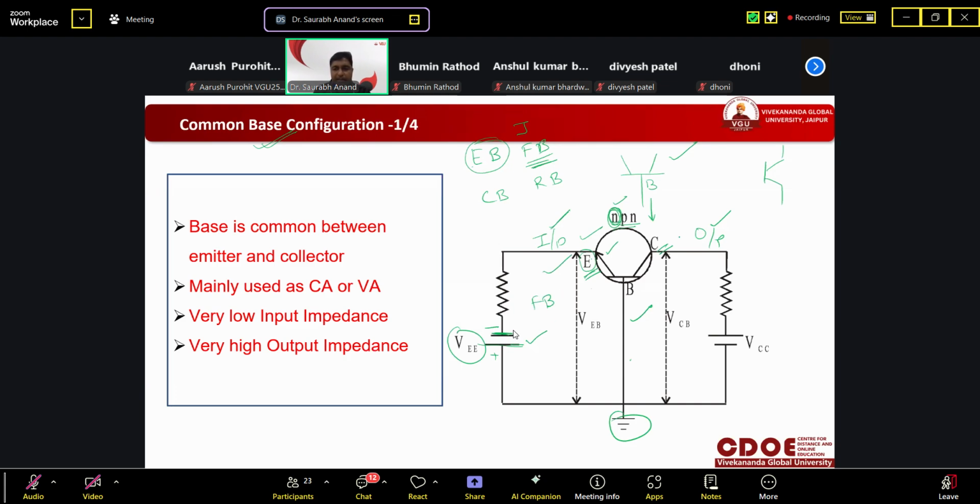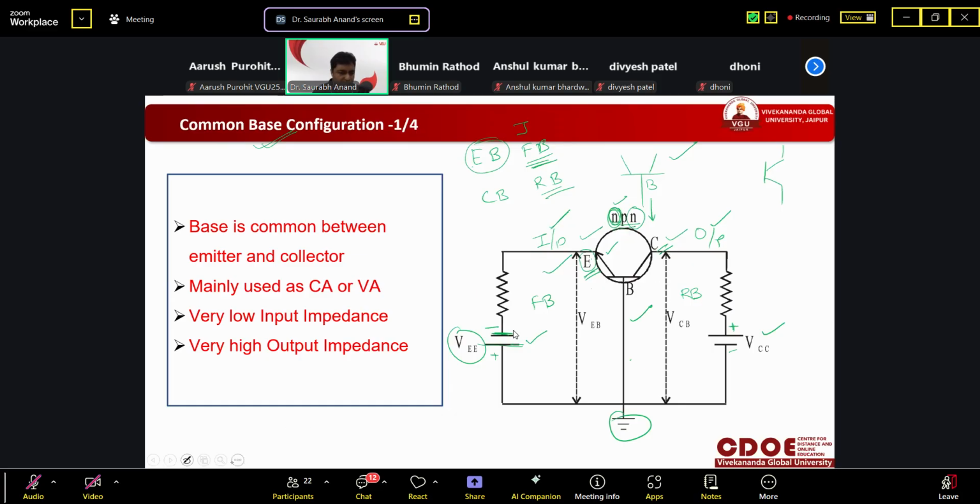And to make the collector base junction reverse bias, the collector is again N type, so it should be connected with positive. This positive terminal of VCC will make this junction reverse bias. Got it? I hope you understood. Now you can write.